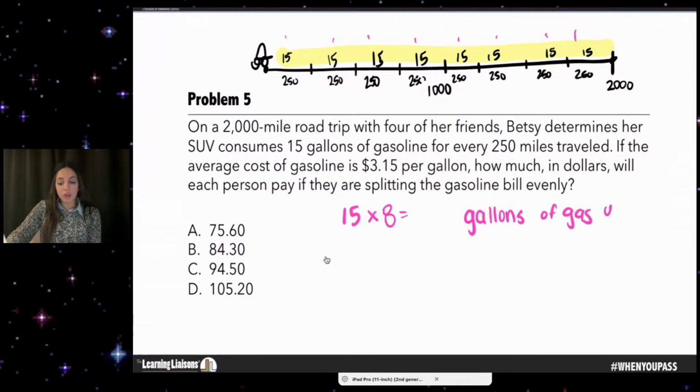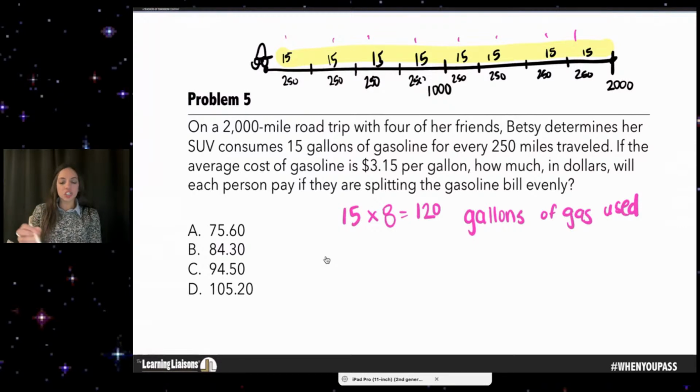Now, I am going to write that out even if this was my test because I want to make sure I don't get lost in the muddle of doing this problem. So I am going to go ahead and do that in the calculator. 15 times 8, that's 120 gallons of gas used.